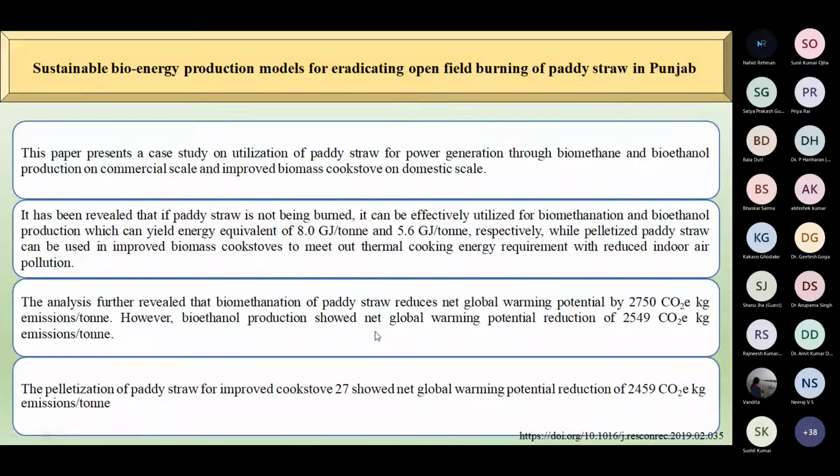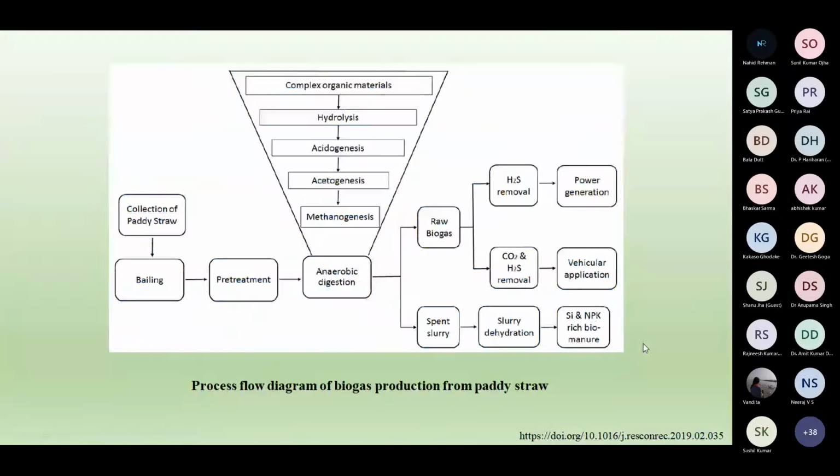And if it is done, then it will reduce the global warming potential, and similarly bioethanol can even reduce to 2549 from 2750 CO2, which is liberated by biomethane. So overall global warming can be treated.